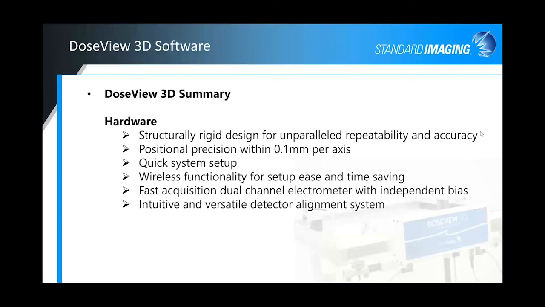It's a quick system setup with our leveling system and alignment jig. Wireless functionality for easy setup and time savings. Fast acquisition dual channel electrometer with the independent bias, and a very intuitive and versatile detector alignment system, as I had mentioned too.